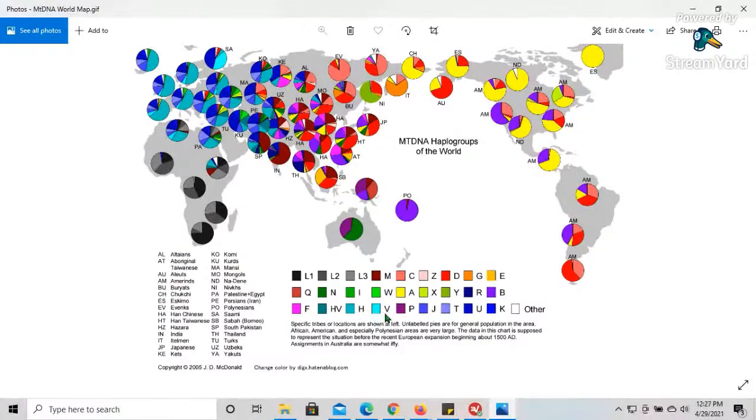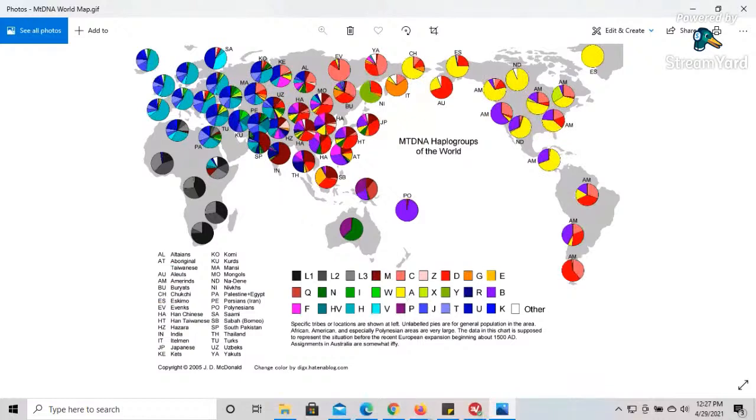So if you want to see an Asian mitochondrial DNA, you'd have to find a red. There's a sliver of red up here as you go north and east. You can find a sliver of red and orange yellow, not bright yellow, because the bright yellow is still Semitic.